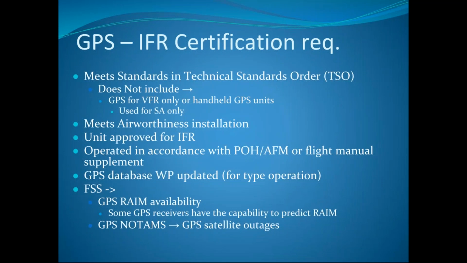So we can't just play with this thing. We actually have to operate it in accordance with our manuals. It has to have a GPS database or waypoint database updated for the type of operation.